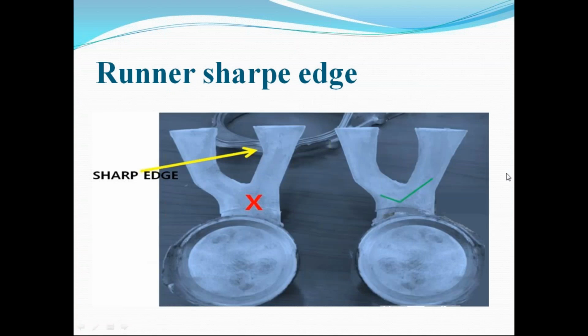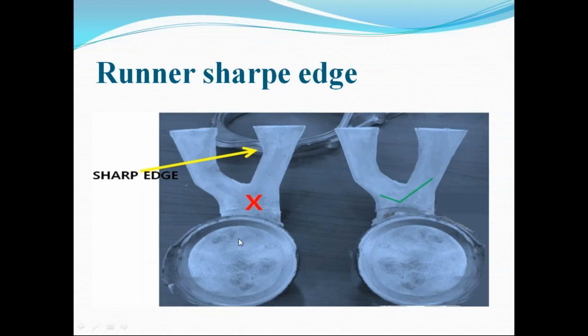Now here, when it's found that blowholes develop on the product, then after identification of the problem, modification is done on the process. Here this is the runner, and there are two legs. What's the problem here?